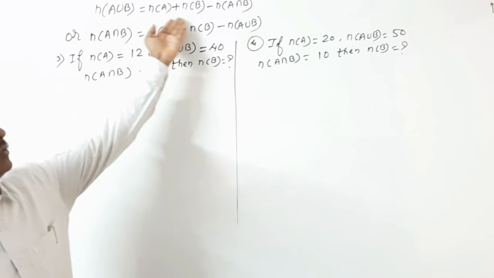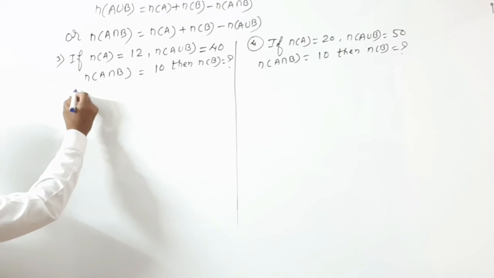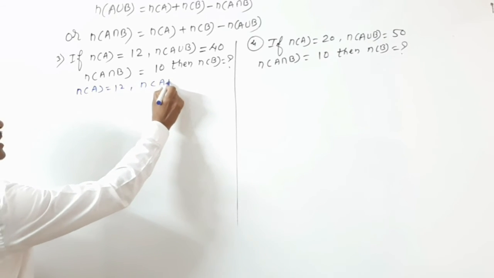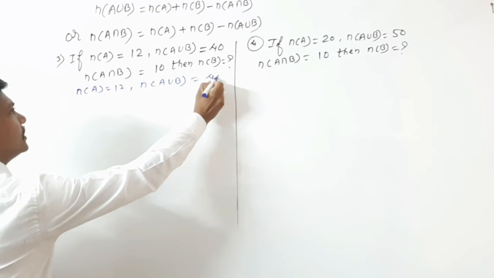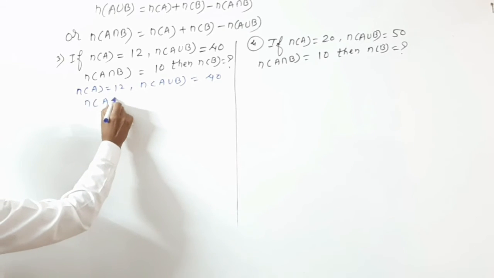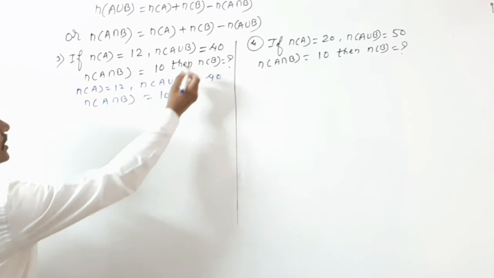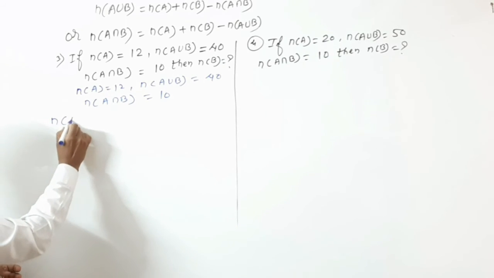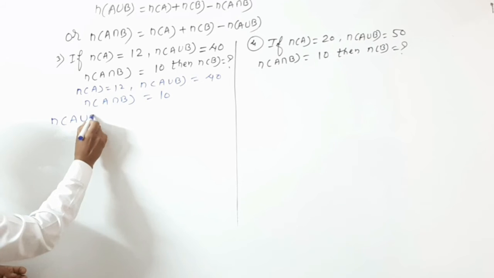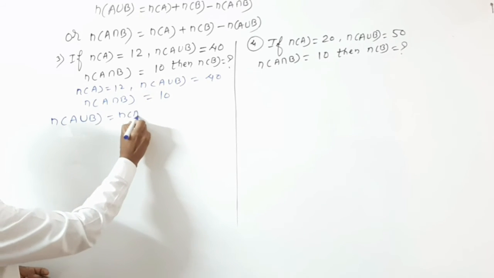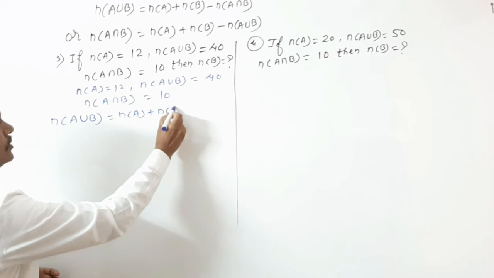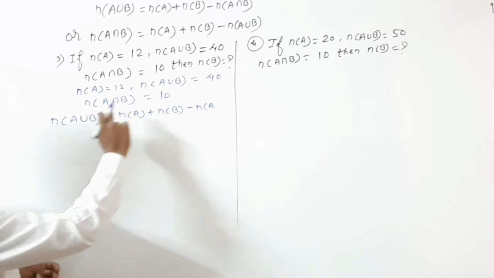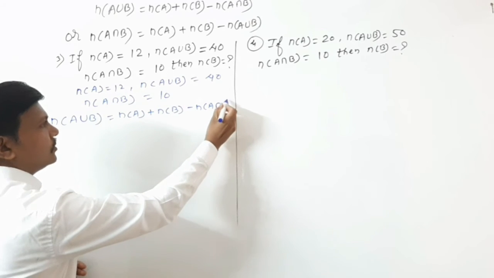If you apply the first, then we write given: n(A) is 12, number of elements in A union B is 40, number of elements in A intersection B is 10, and the question is n(B). So write the formula: n(A union B) is n(A) plus n(B) minus n(A intersection B).